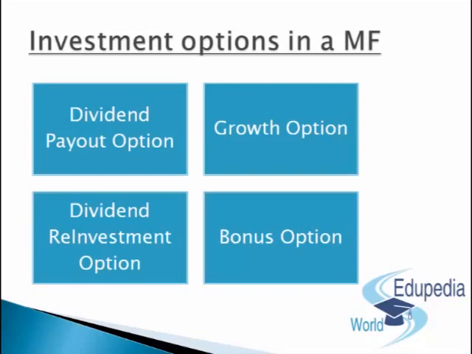At the time you exit the mutual fund scheme, you get the entire benefit of that growth. In any case, the NAV you'll get in the growth option will be greater than the one in the dividend payout option, because you are not getting any dividend and you are just reinvesting that growth.